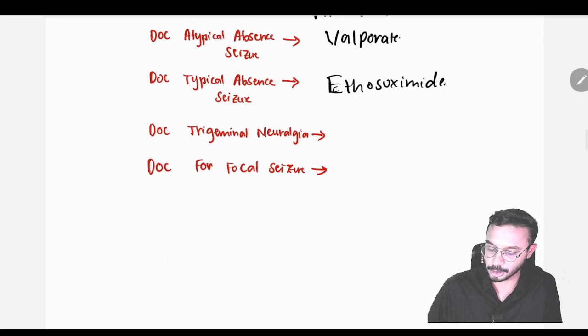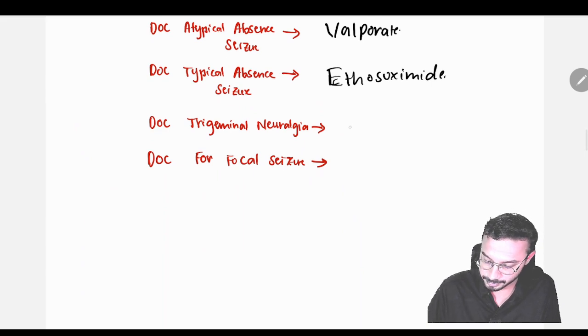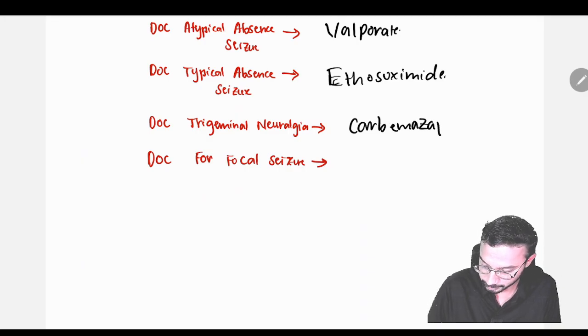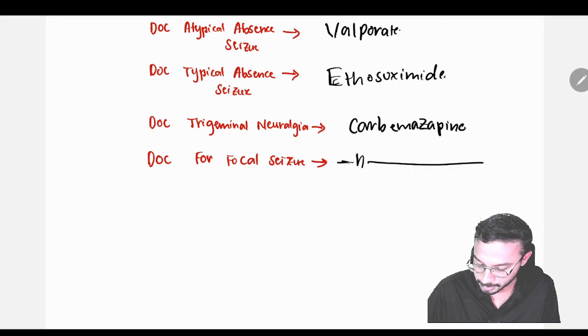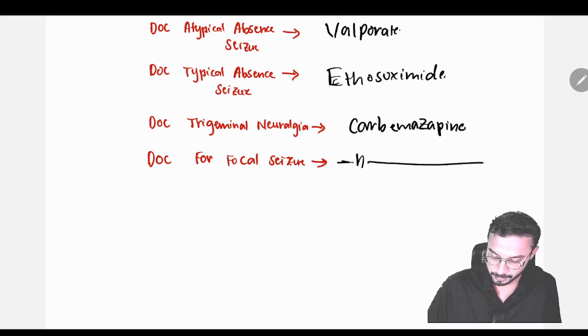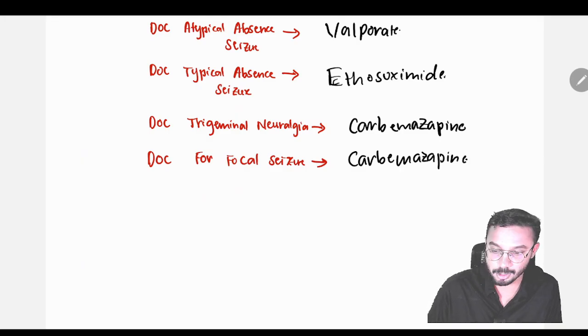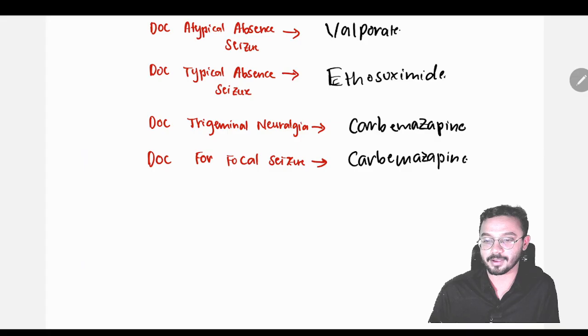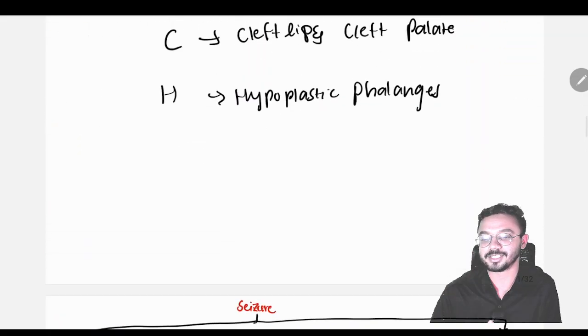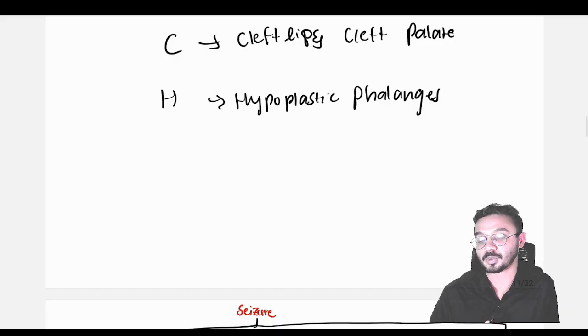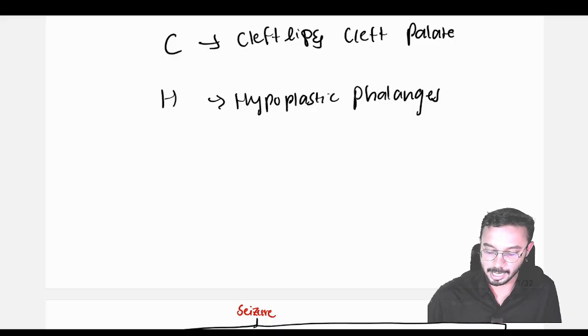And two more points. Drug of choice for trigeminal neuralgia is carbamazepine. And if they ask drug of choice for focal seizure, same, carbamazepine. Okay, I will write it for you. These are all drugs of choice. I have simplified these seizures. You know GTCS, you know absence seizures, and their treatment also.